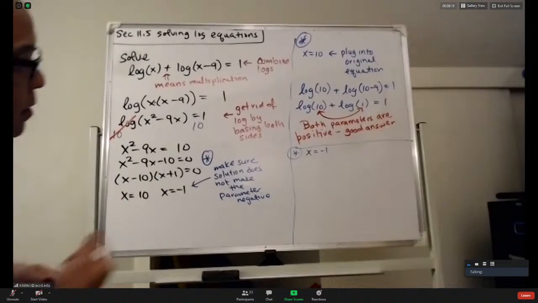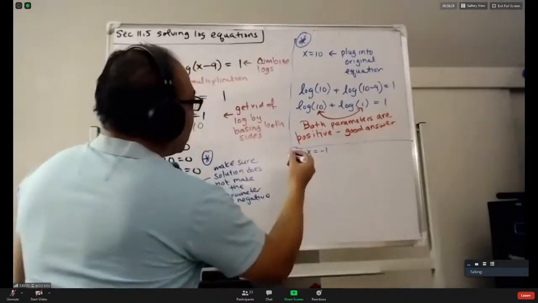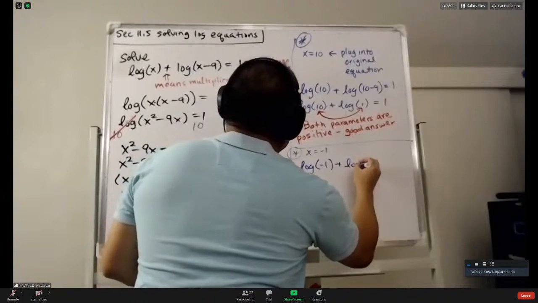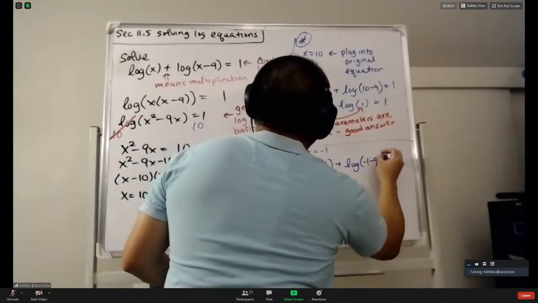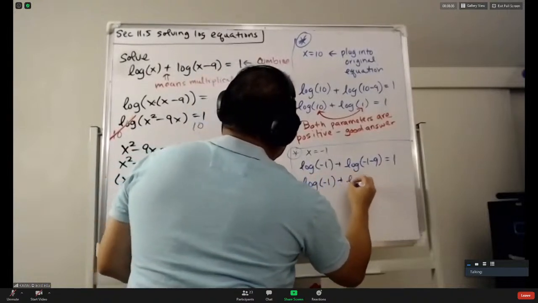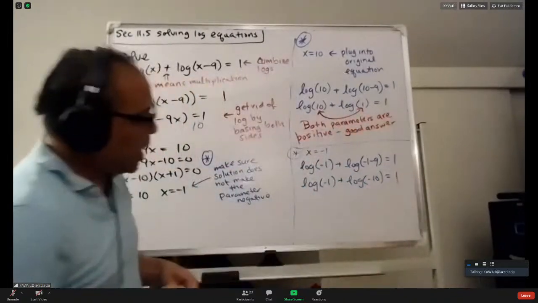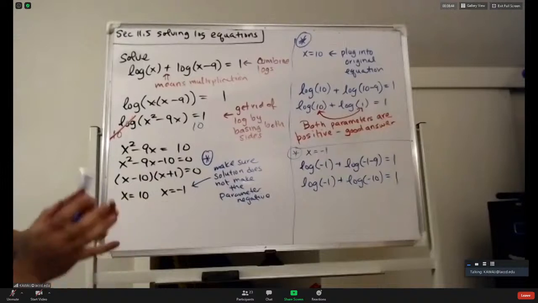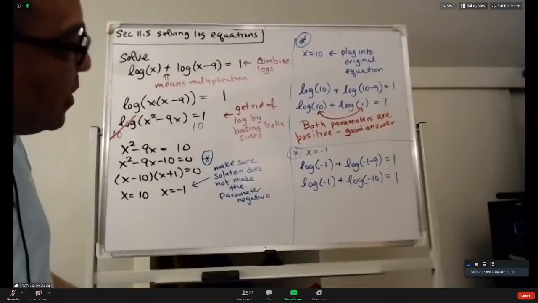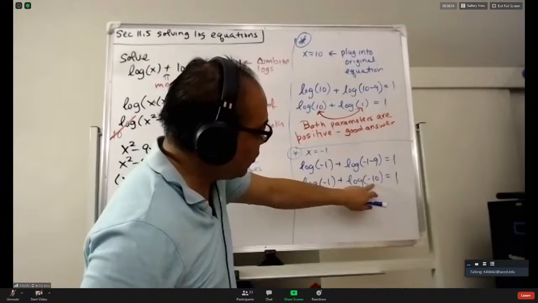Now over here, we'll go log (negative 1) plus log (negative 1 minus 9), log (negative 1) plus log (negative 10) is equal to 1. Now, both of these are negative, but if just one of these is negative, it's a bad answer. You cannot have a negative parameter. Now look, we're not checking here. We're checking after we simplify it.